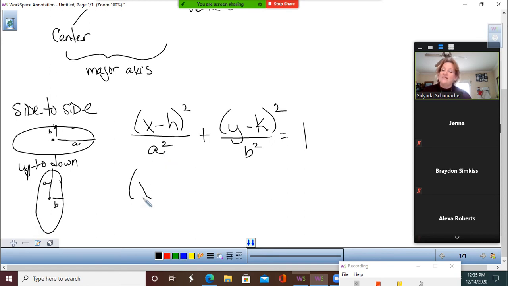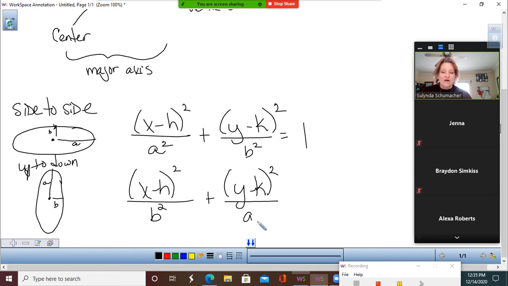Well, we have (x minus h), which represents the center, of course. Over on the x side, this is now the b squared, plus (y minus k) squared over a squared equals 1. An ellipse always, always, always is equal to 1, and it always has a plus in the middle.